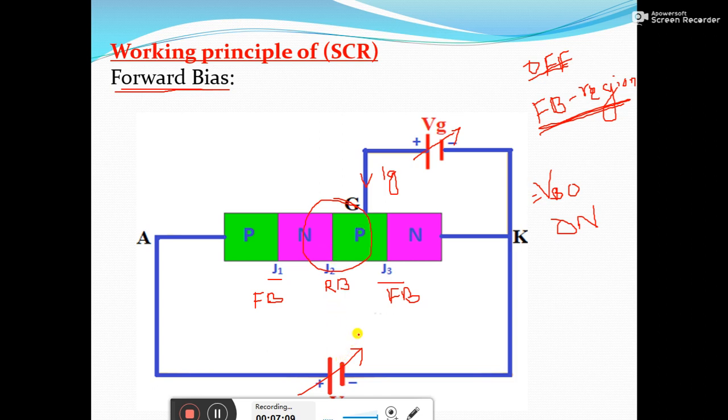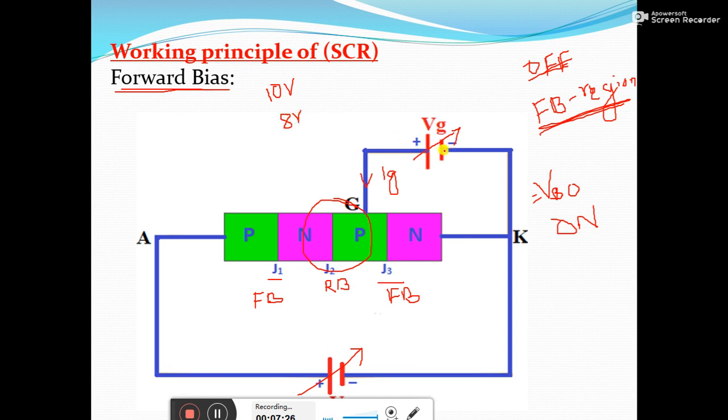Earlier forward voltage in the sense, let's say without gate voltage, breakover is occurring at 10 volts. By the application of gate voltage, the breakover can occur at an earlier stage, that is 8 volts.